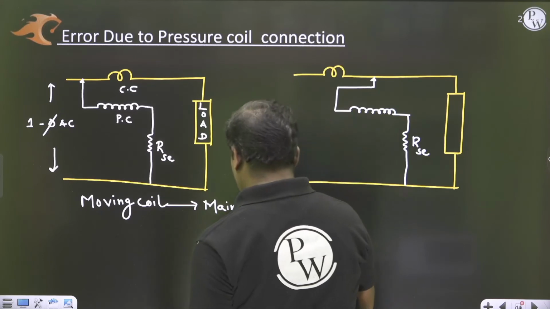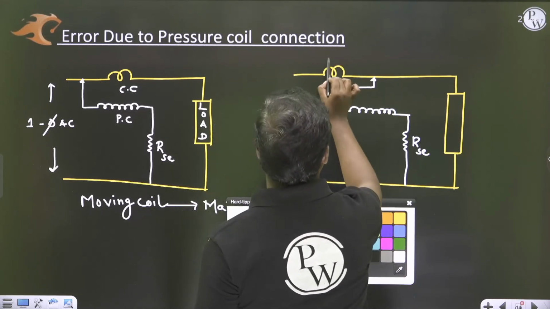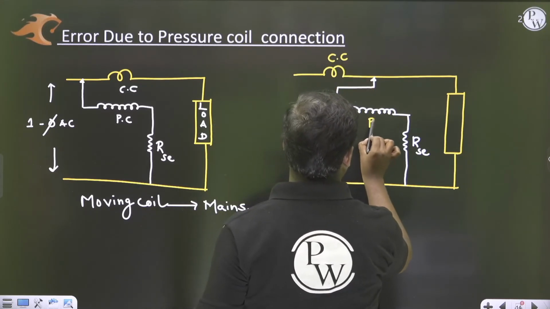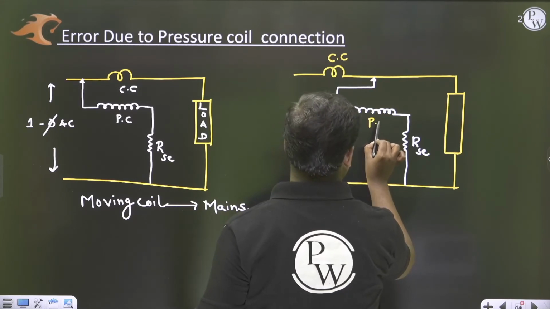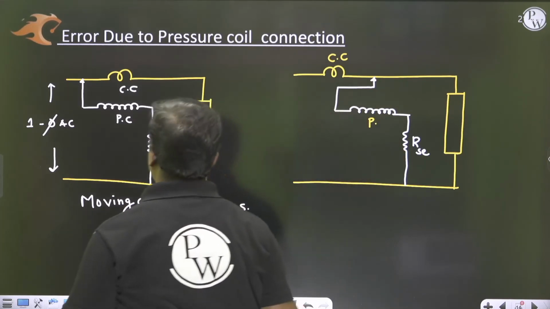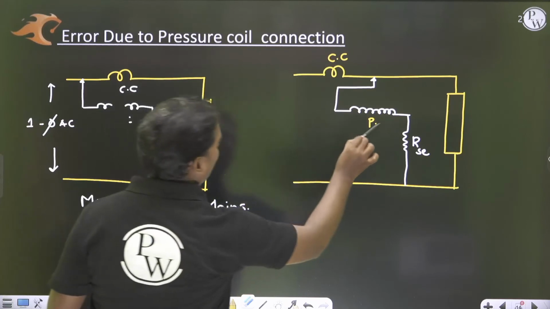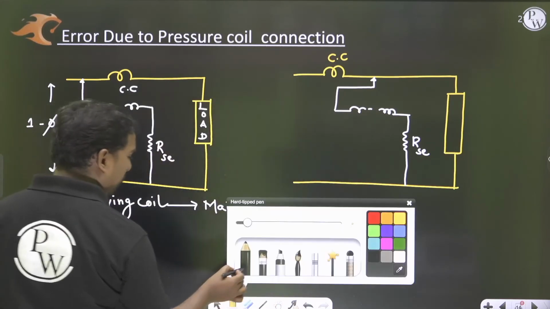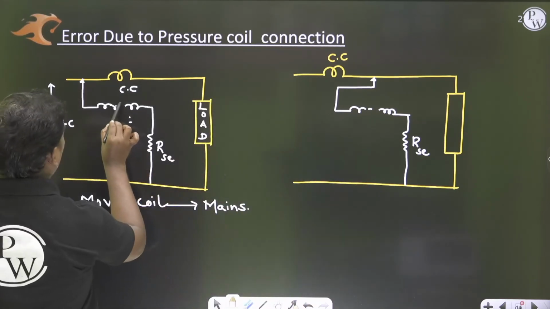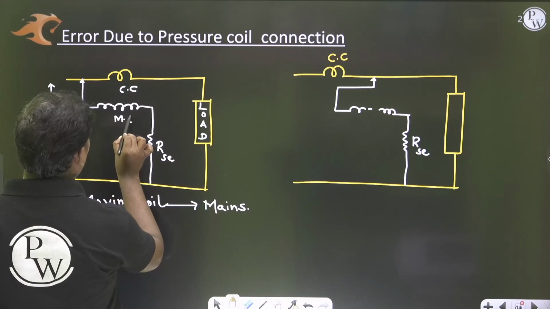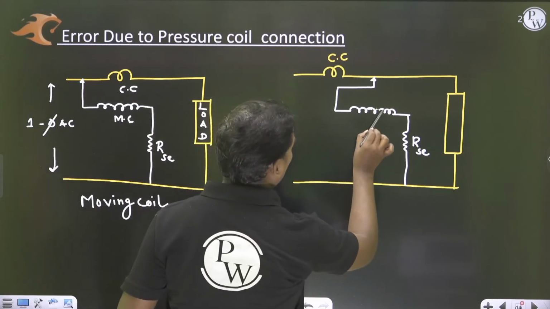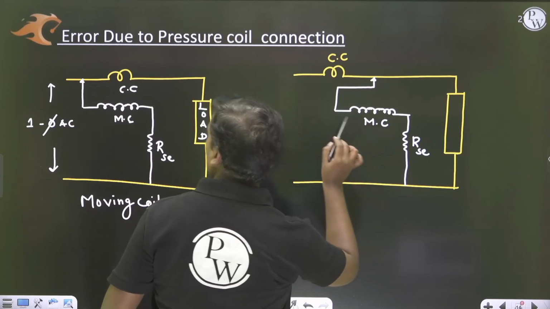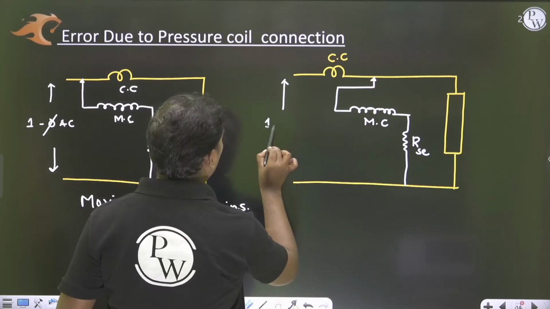Connected here. So we can take this as the current coil or the moving coil. I will write moving coil because you can get confused here. I will write this as moving coil. This is our supply.